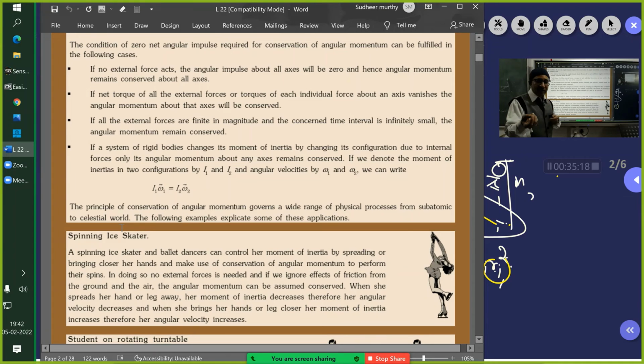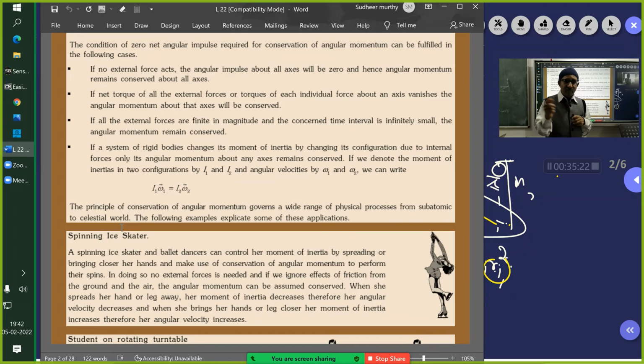See, even the basic thing, atomic radius. You said MVR, the angular momentum of the electron, is conserved, equal to nh by 2 pi. We started with this. But you see, the electron is not moving in any circular orbit. The electron can move anywhere around the nucleus.